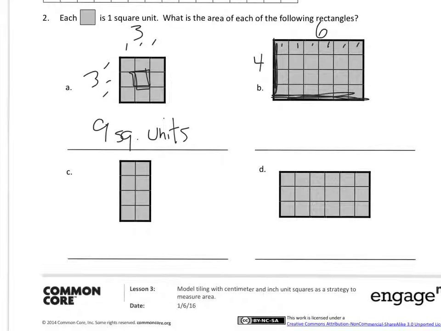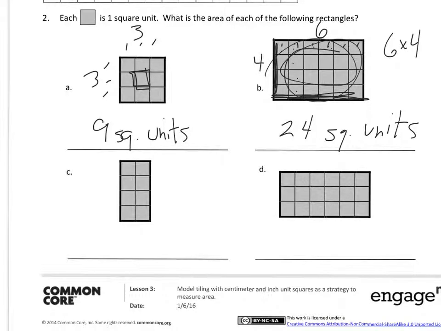So you can count by 1s, or you can count by 6s, you can count by 4s, or you can go 6 times 4, which is going to be 24 square units. The area, which is the number of units inside the shape here, is 24 square units.